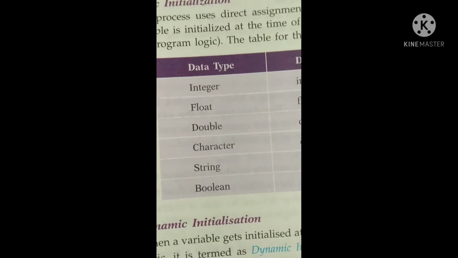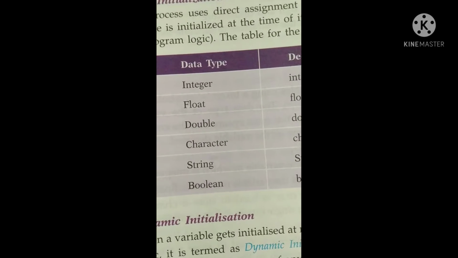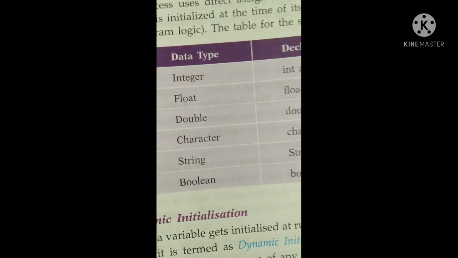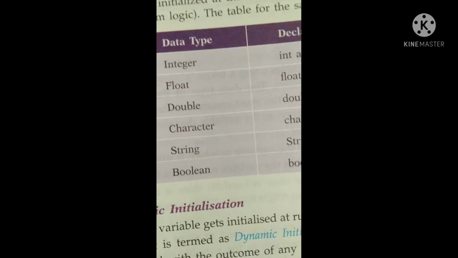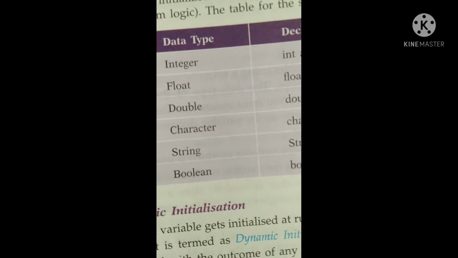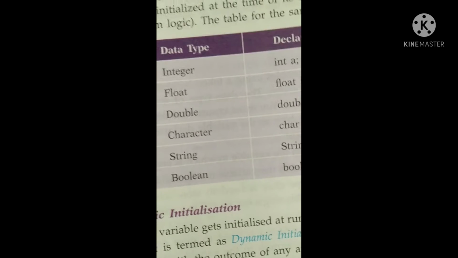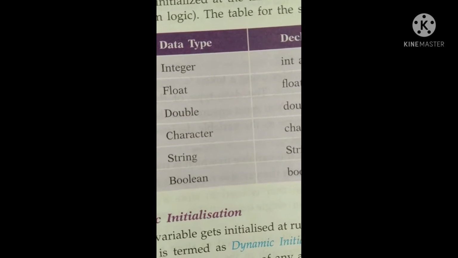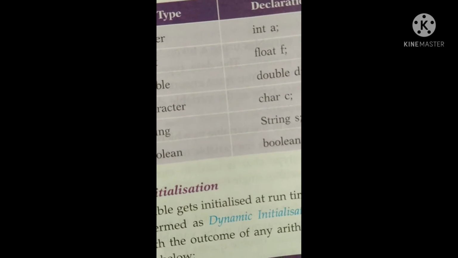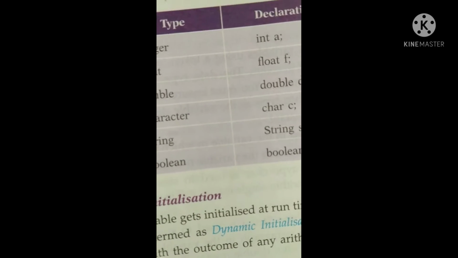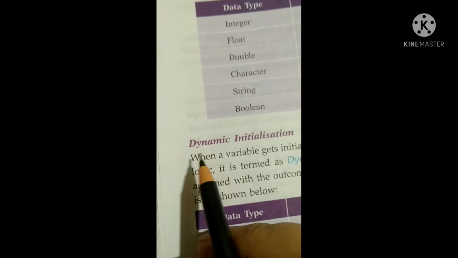But if you are declaring only int a, it means it is dynamic. The value of a will come after writing the program, at the time of execution, when we input the value of a, or when we get the calculated result in a. That is called dynamic initialization.